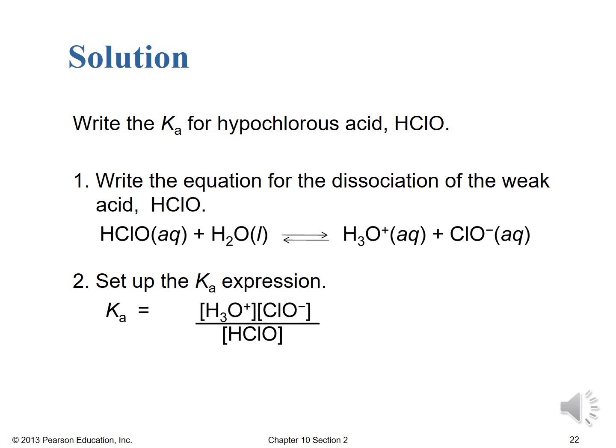Ka equals our products, H3O plus concentration times ClO minus concentration, divided by our starting concentration of HClO. If it was appreciable, we'd have to consider it, but sometimes we would just consider that essentially none of it goes on, and we would take that concentration at the start to also be the equilibrium concentration. But of course, for a Ka, all of these values should be equilibrium concentrations.